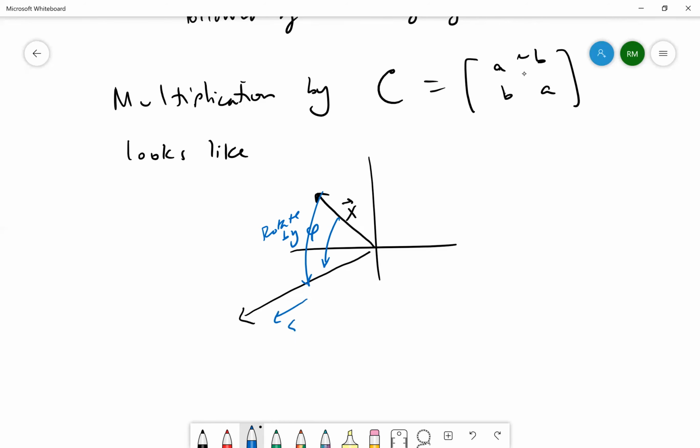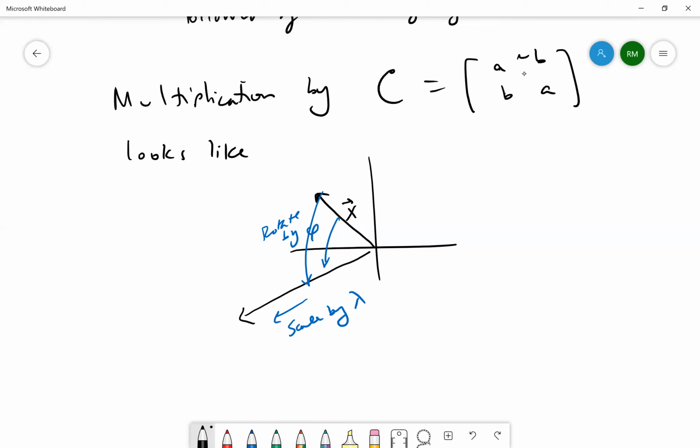And then I scale by lambda. Lambda could be less than 1. So that's what multiplying by this particular matrix with complex eigenvalues does. It's a rotation followed by a scaling.